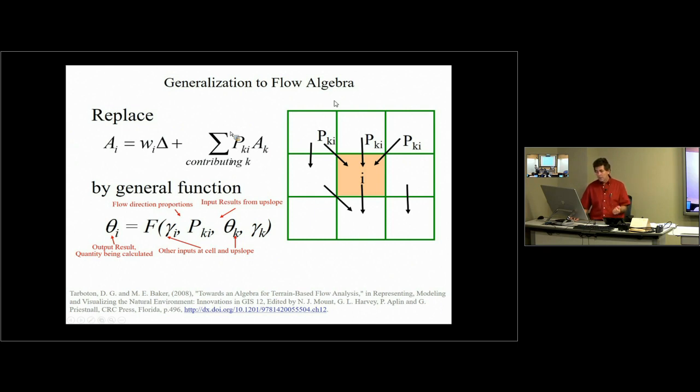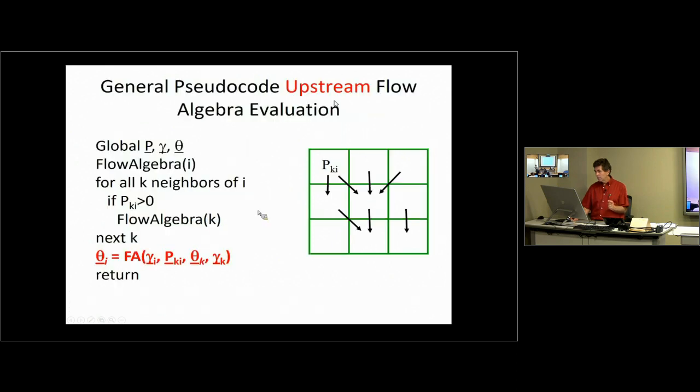So I say my output result, a quantity being calculated, is an arbitrary function that I can specify of my flow directions, the input result from upslope, that's the theta, the arrow is supposed to point to the theta, other inputs at the cell upslope, so these are the gammas here, and you can come up with lots of interesting functions. Now I don't have a lot of time to go through those, but I'll sort of flip through them.